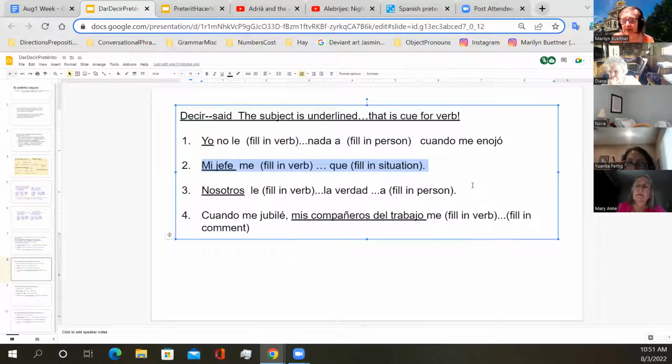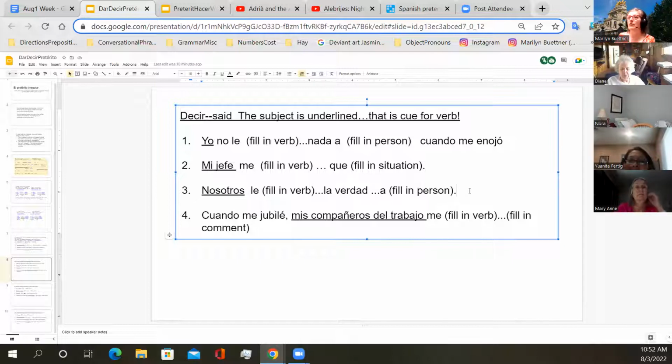Mi jefe me dijo que, and actually, mi jefe dijo que fuera, it's even going to go into past subjunctive there. So yeah, it's going to get a little bit convoluted. But it'll take too long to explain. Mi jefe dijo que fuera de vacaciones, que tomara unas vacaciones. And we'll sadly have to let that sit for a bit. Said can lead into a subjunctive kind of thing.